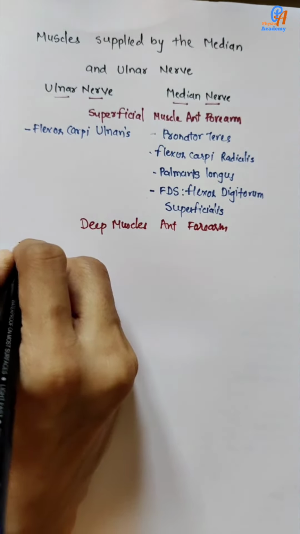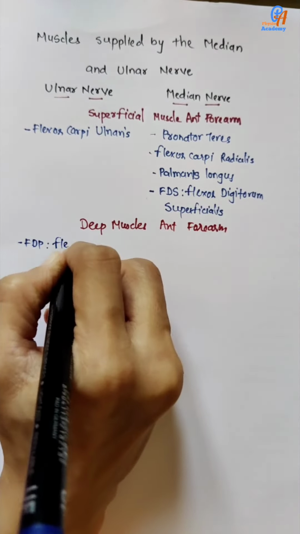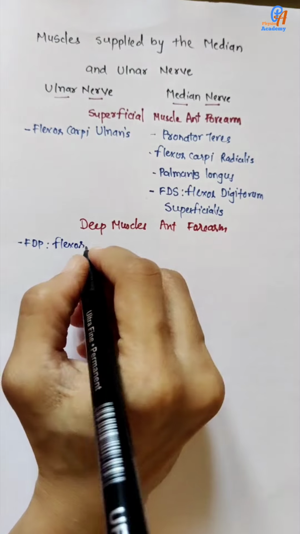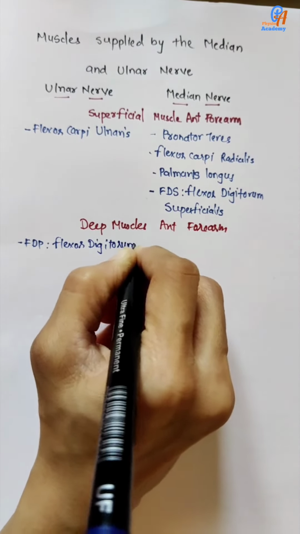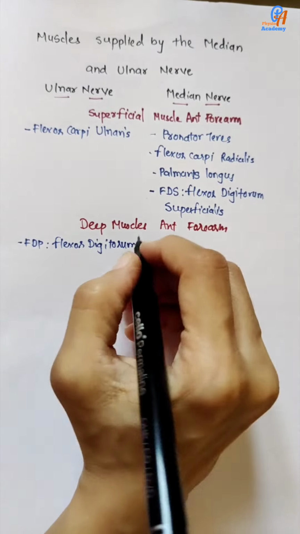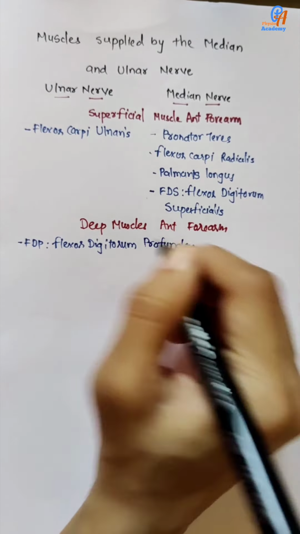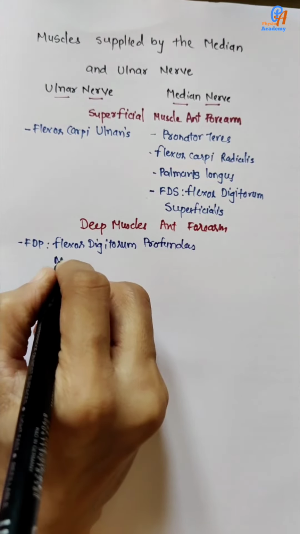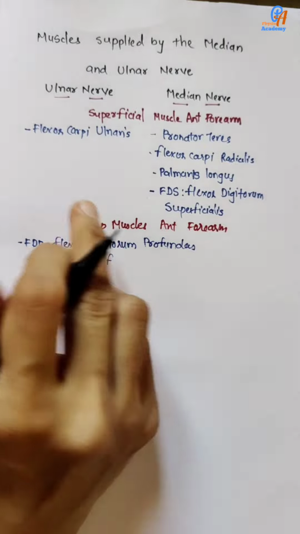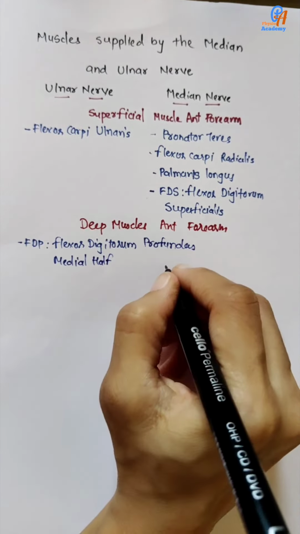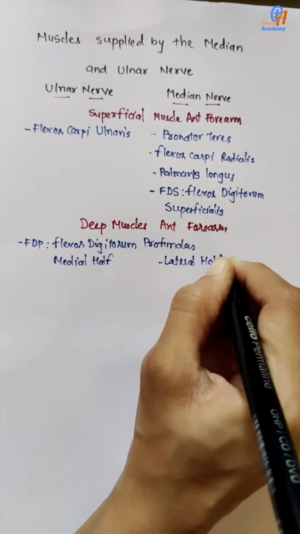The first muscle in this compartment is FDP, flexor digitorum profundus. The medial half is supplied by the ulnar nerve and the lateral half of this muscle is supplied by the median nerve.